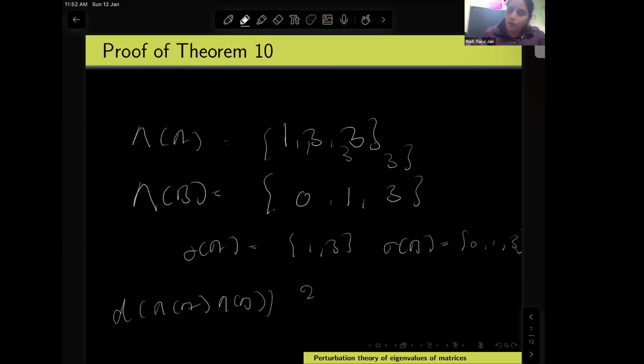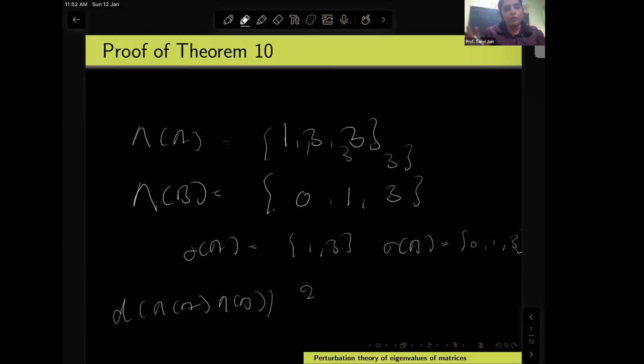That is 0. Then take sigma B, which is {0, 1, 3}. What is the distance between 0 and sigma A? It's 1. What is the distance between 1 and sigma A? It's 0. The distance between 3 and sigma A is 0. So you are just taking the distance of each point with the other set and taking the maximum.